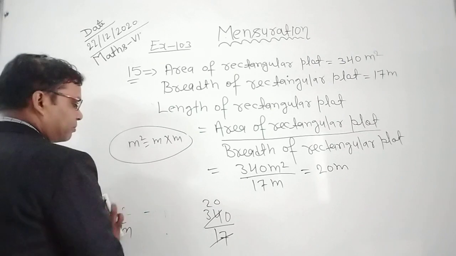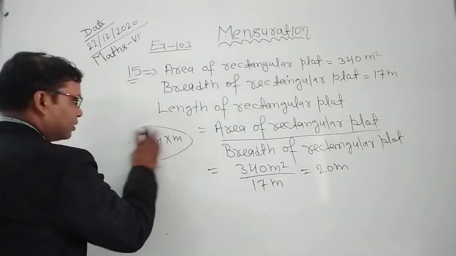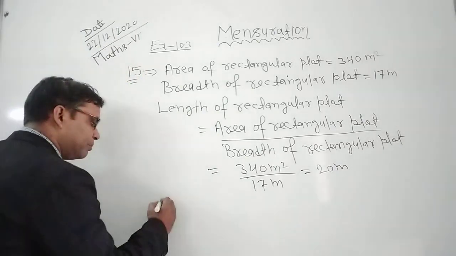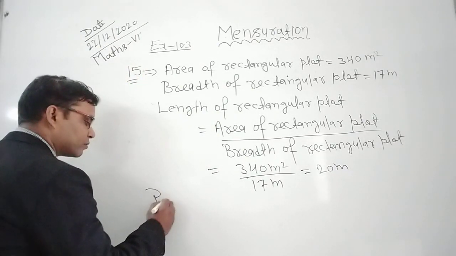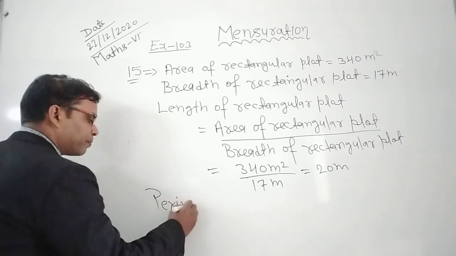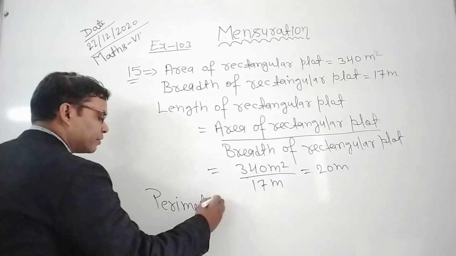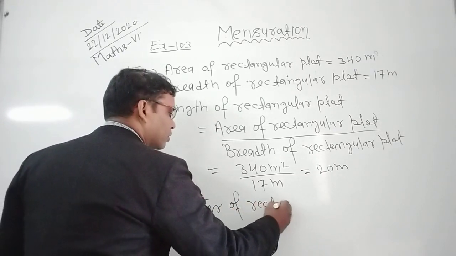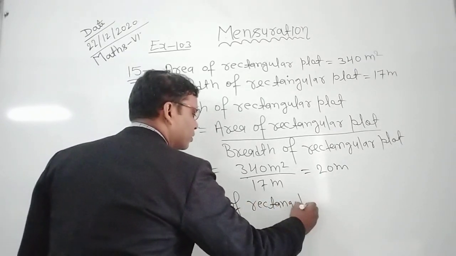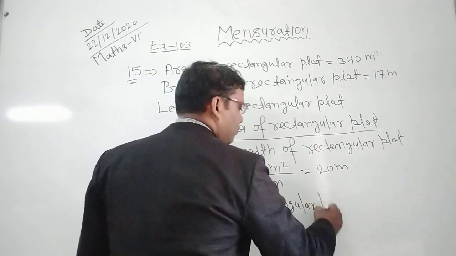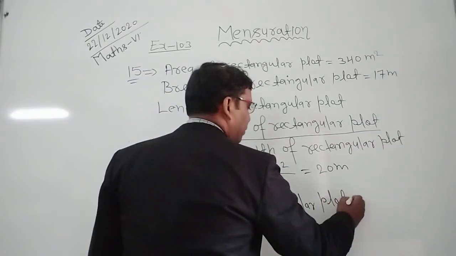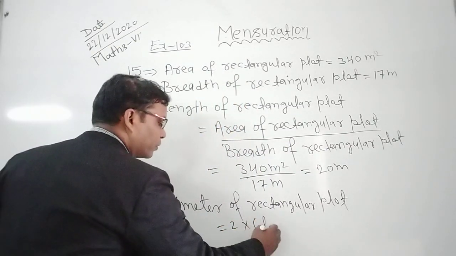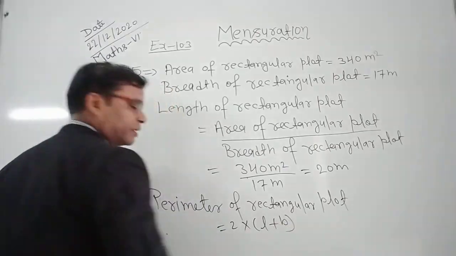Also we find the perimeter of the rectangular plot. So here, perimeter of a rectangular plot is equal to 2 into length plus breadth.